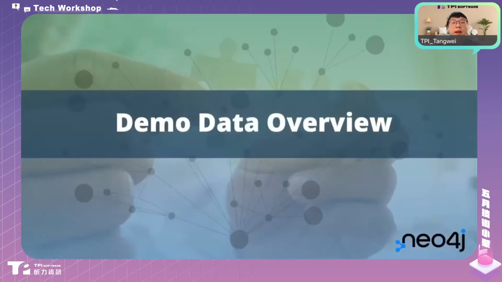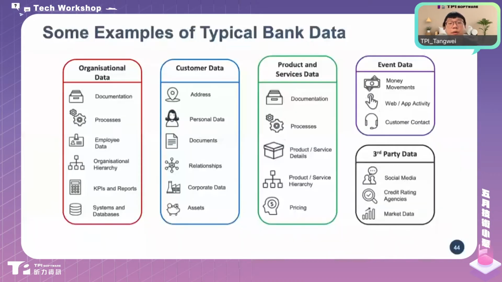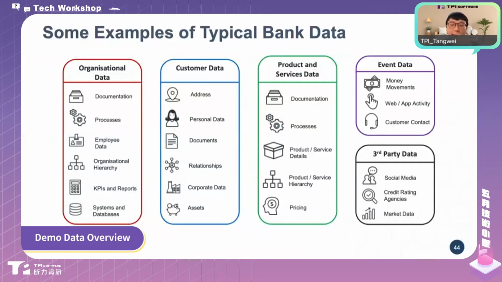So, okay, after we introduce the brief concept of using graphs for fraud detection, we will take a look at the data that we are going to be using in our demo. When we talk about looking at graphs for banking data, a bank can have a lot of different types of information. You can have internal information, organization information.